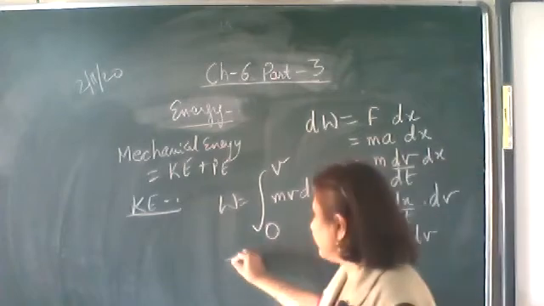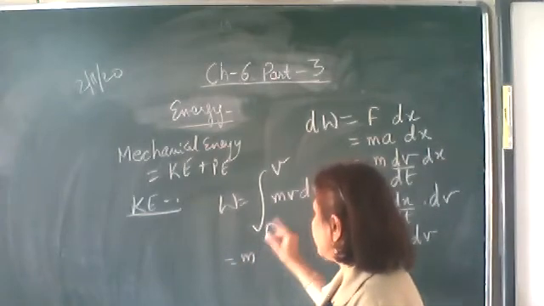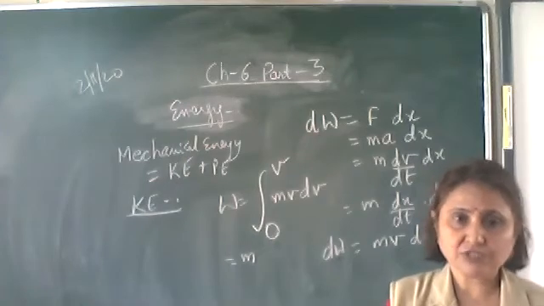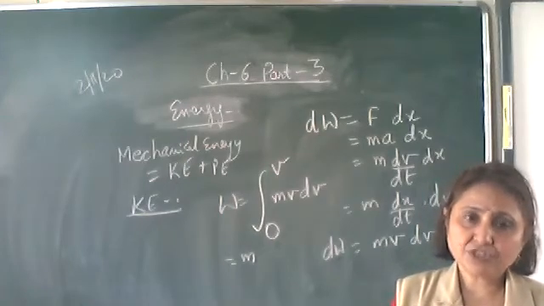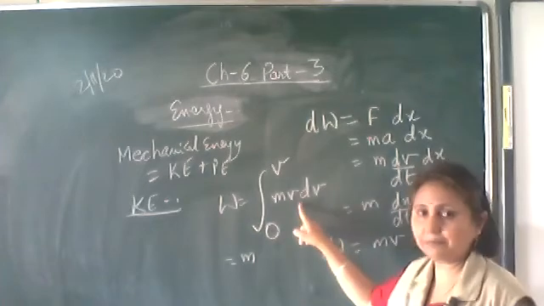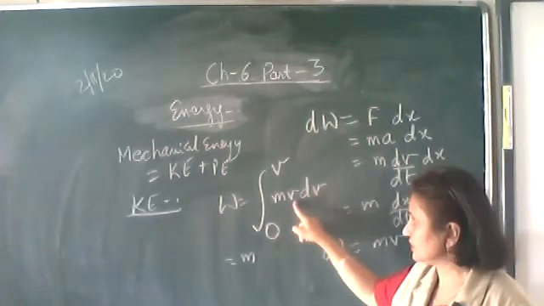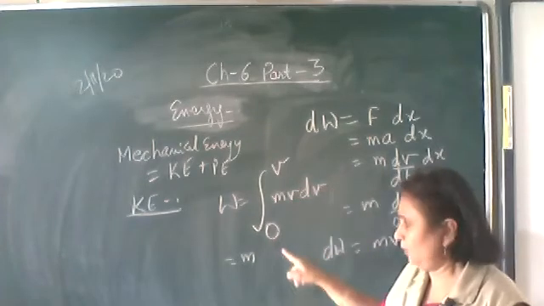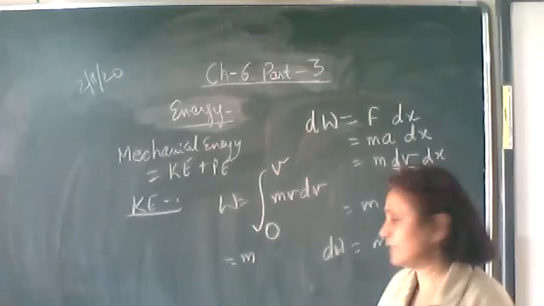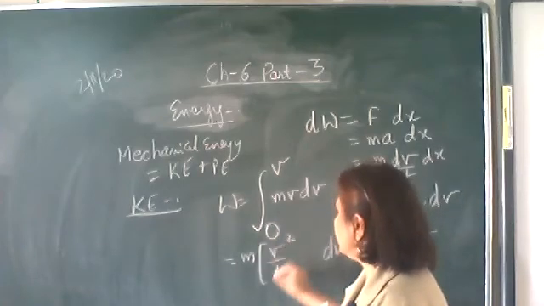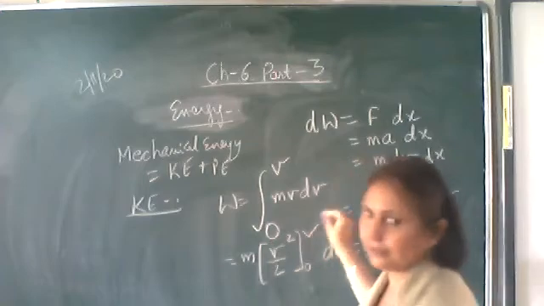Now m is constant, so it can be taken outside the integral sign. Integration of v into dv: we know that the integration of x raised to the power n dx is x raised to the power n plus 1 upon n plus 1. The same way, integration of v raised to the power 1 dv will be v raised to the power 1 plus 1 upon 2, that is v square upon 2, in the limits 0 to v.